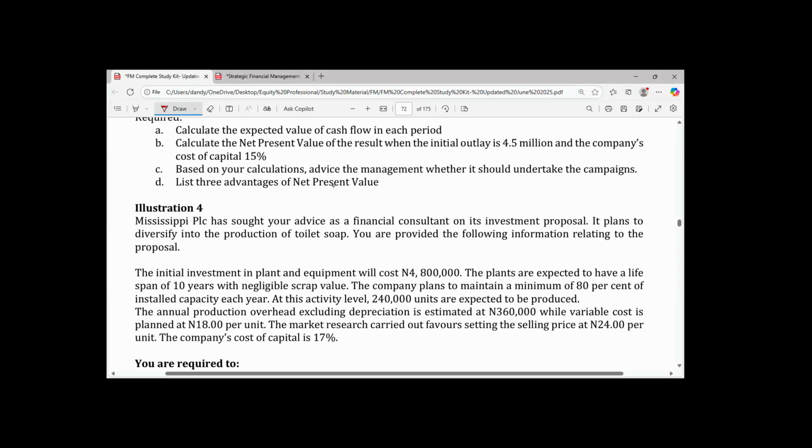I listed revenue, savings, scrap value, contribution, cost of capital, as well as the project life.